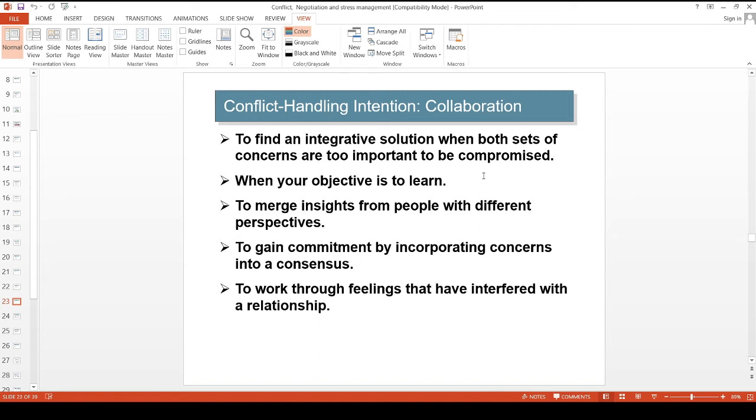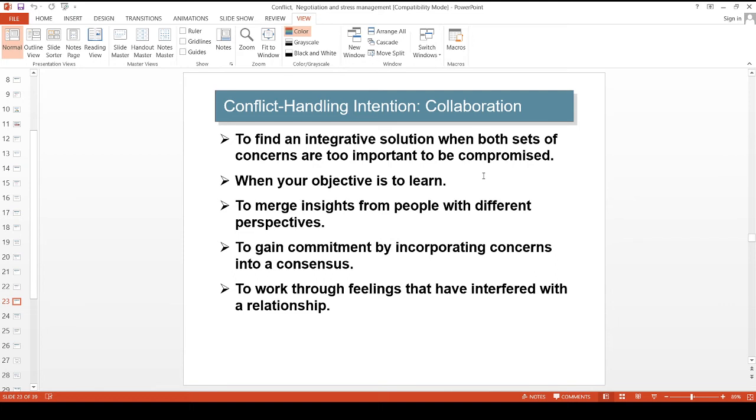So when your objective is to learn or to gain insights from people with different perspectives, you will have to see things from those different perspectives. Then you will use this collaboration approach to gain commitment by incorporating concerns into a consensus.